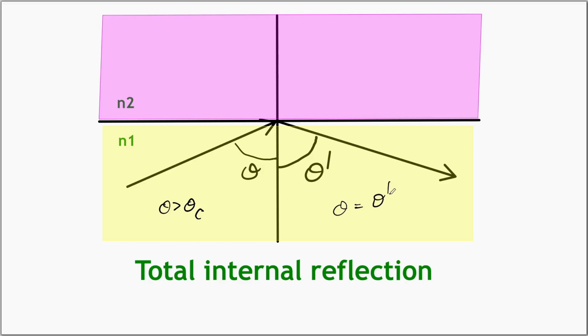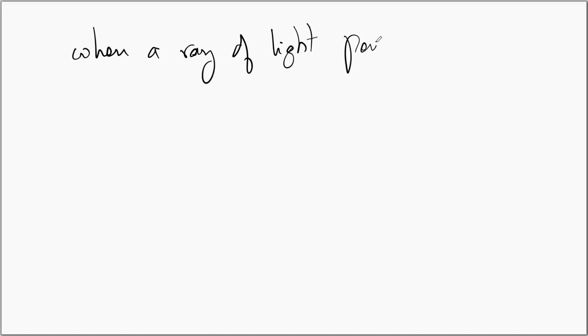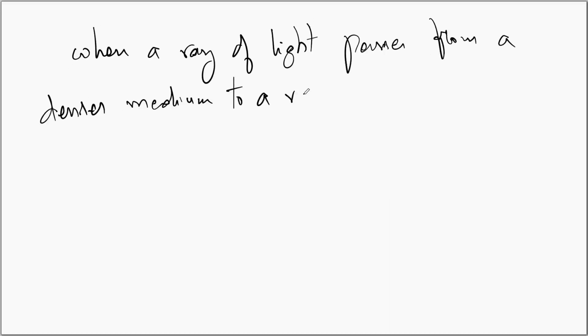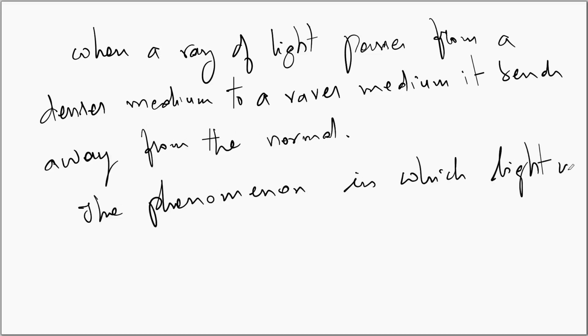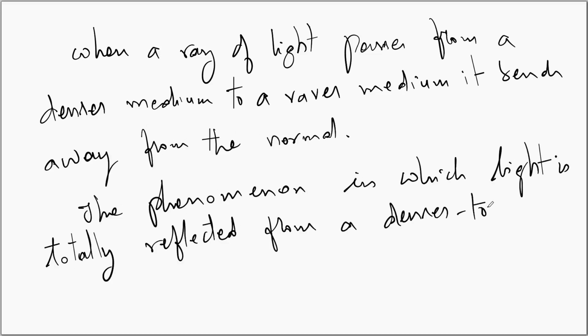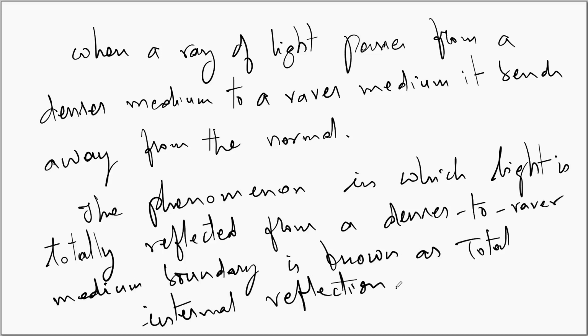The phenomenon of reflecting a ray into the same medium after interacting with an interface separating two dielectrics is called total internal reflection. Total internal reflection can be stated in this fashion: when a ray of light passes from a denser medium to a rarer medium, it bends away from the normal, and the phenomenon in which light is totally reflected from a denser to rarer medium boundary is known as total internal reflection.